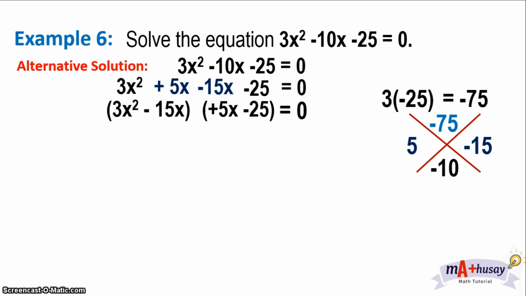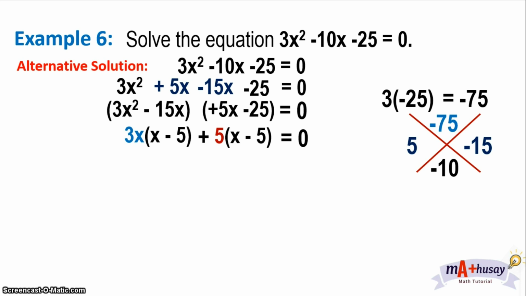So, in this case, we can pull out sa 3x squared minus 15x ay 3x para ang maiwan ay the quantity of x minus 5. Sa kabila naman, you can pull out positive 5. So, ang maiwan ay x minus 5 equals 0.